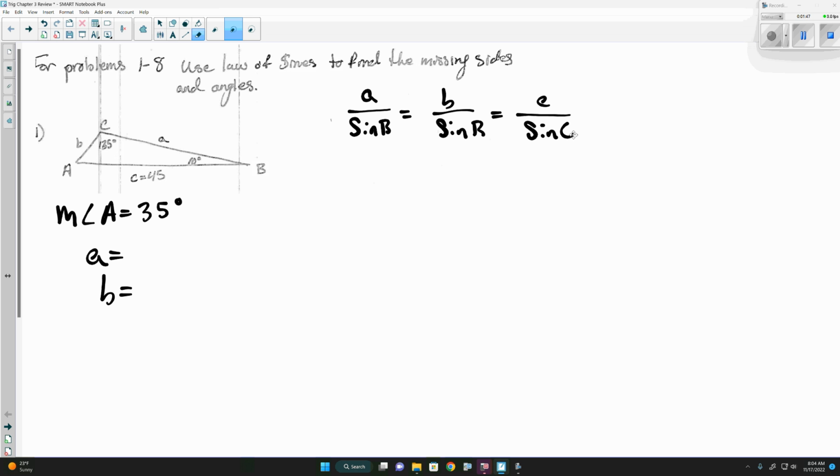It really doesn't matter which one we do first. So we could say side length a over sine of angle A, which we found to be 35 degrees, is equal to, well, the only side length they gave us was c, which is 45, over sine of angle C, which is 135 degrees.